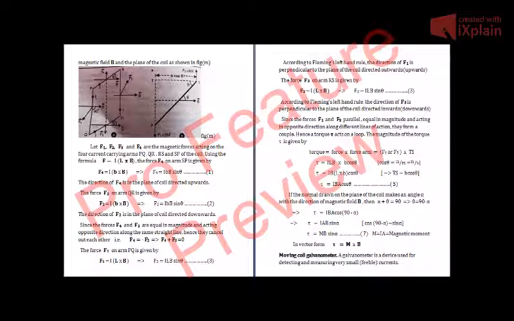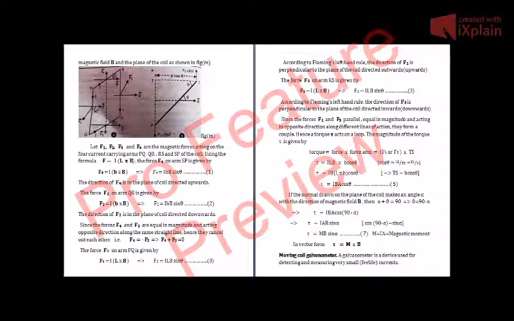The force F2 on arm QR is given by I b cross B, because the length of arm QR is also b, small b. This implies F2 equals I b B sine theta.